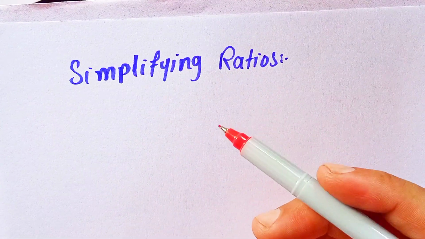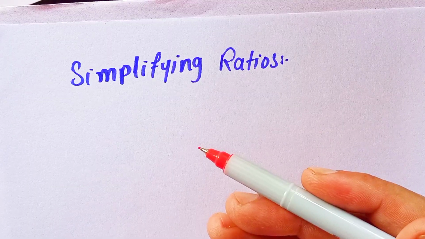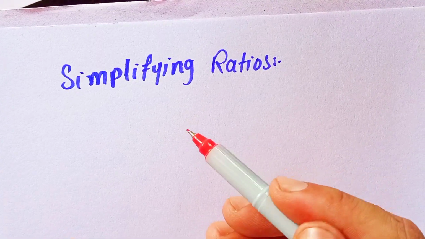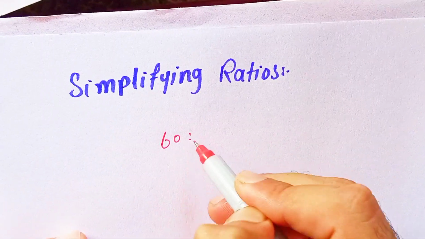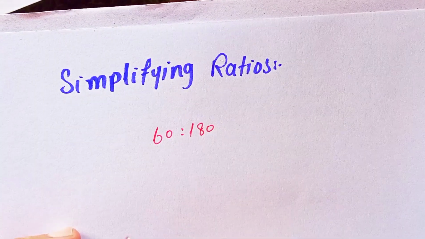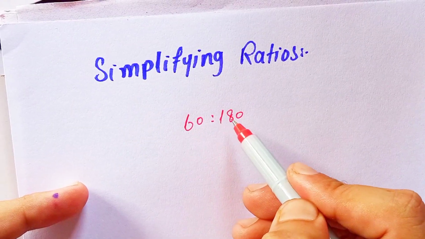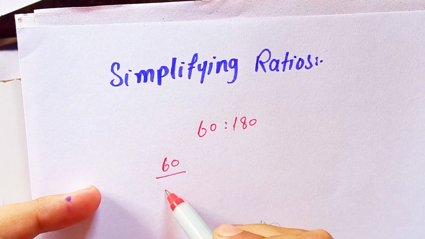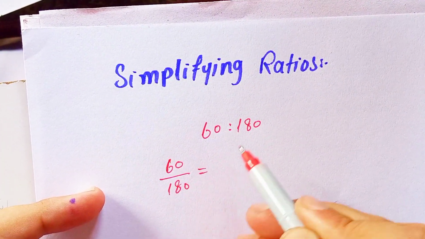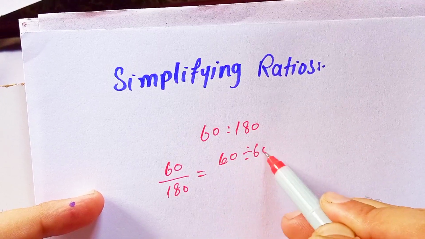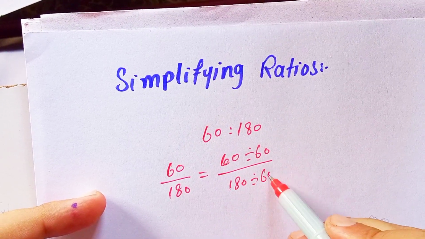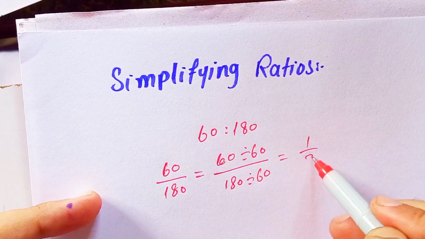Simplifying ratios. Ratios can be simplified by converting them into fractions and then simplifying. For example, 60 ratio to 180. The ratio of 60 and 180 can be written as 60 divided by 180, which is 60 divided by 60 and 180 divided by 60, which is equal to 1/3.